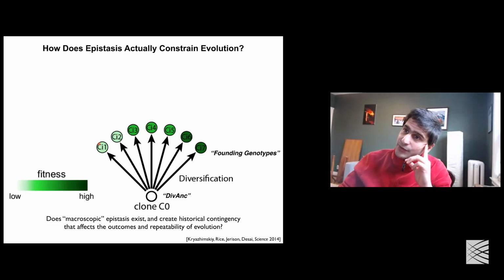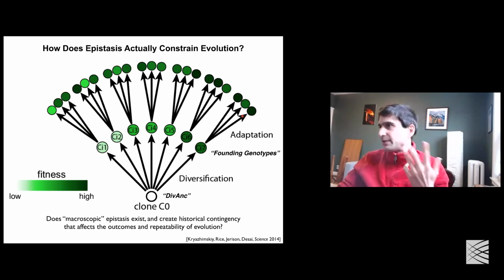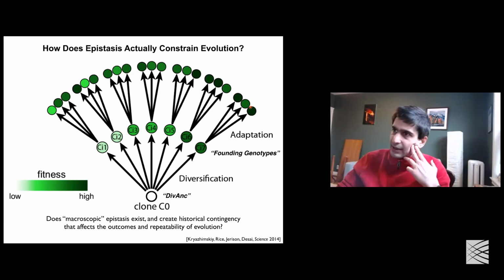Then we took each of these, made a clone, and evolved a bunch of replicate populations, 10 (I'm just showing 3) from each of these. We can then ask: do the replicate populations descended from this one differ systematically from the replicate populations founded from this one?